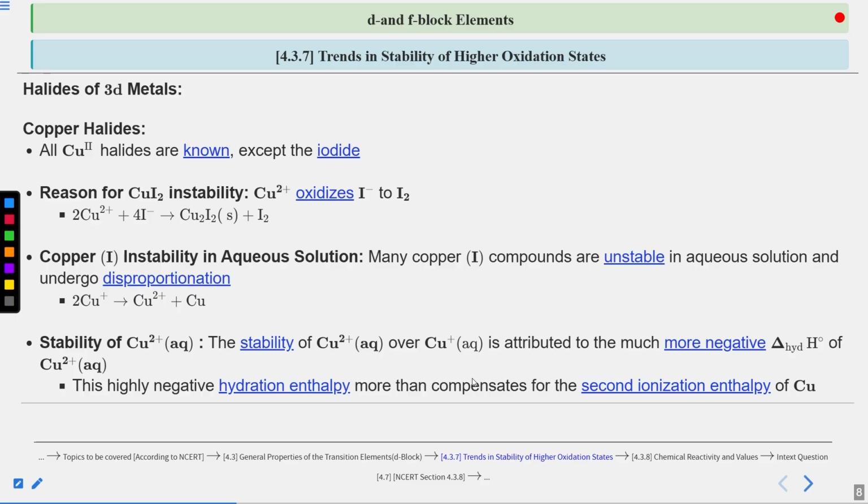D10 is already stable, but still the second ionization energy needed to remove the electron from the 3d10 is larger. But the highly negative hydration enthalpy compensates this second ionization enthalpy of copper, and Cu2+ in the aqueous solution, due to the negative hydration enthalpy, becomes stable compared to Cu+ aqueous.